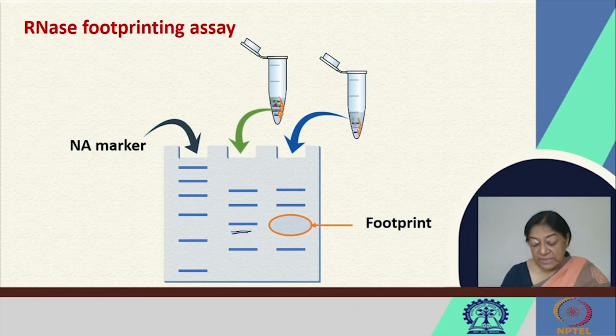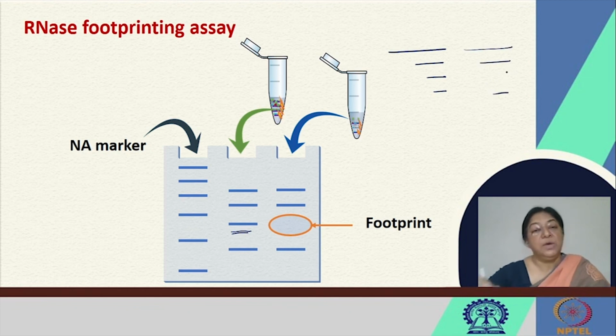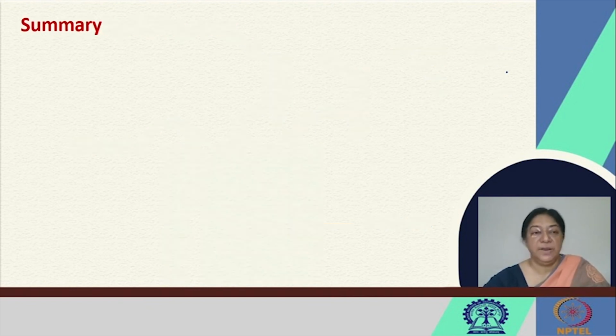This is indicative of the fact that the protein has bound to the RNA at a point where the RNase could not cleave. So we do not have the fragment. In one case we have the different fragments, and in the other case we are missing one fragment because the RNA binding protein had bound to that specific sequence of the RNA.